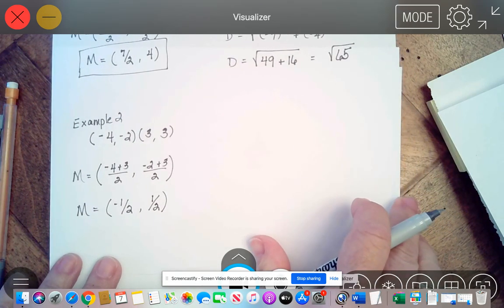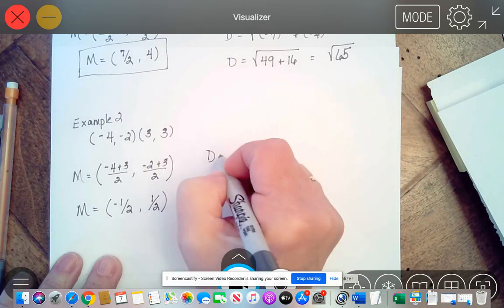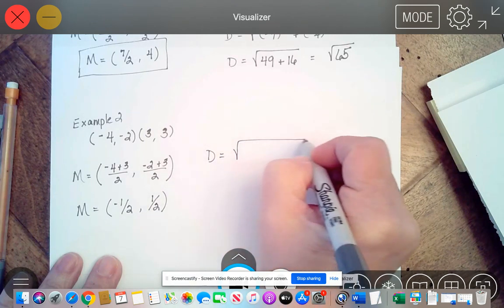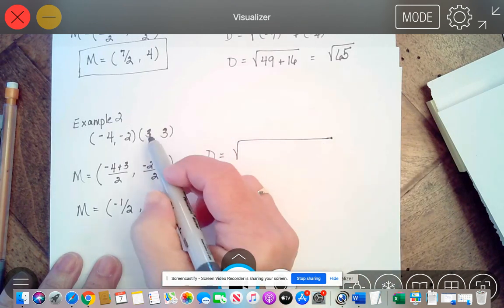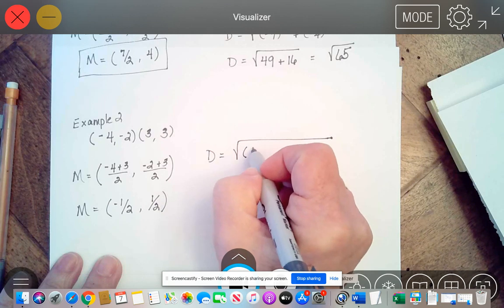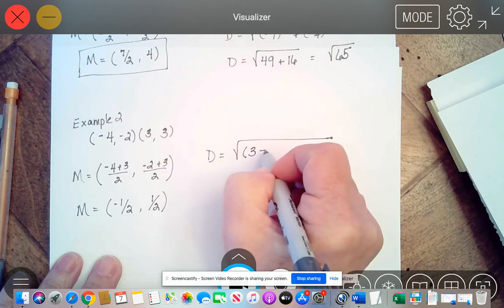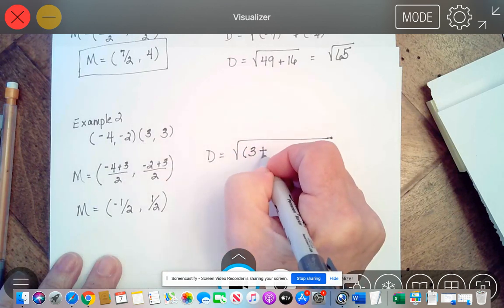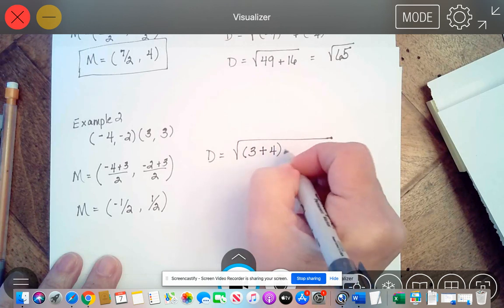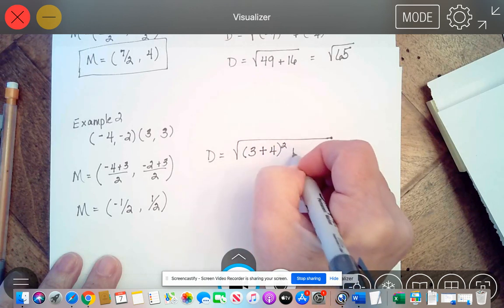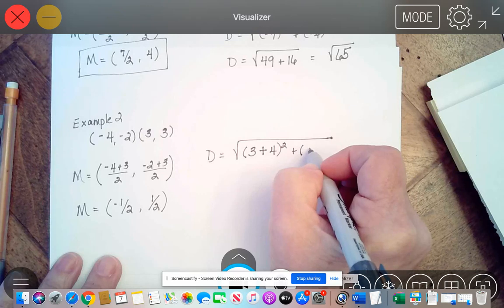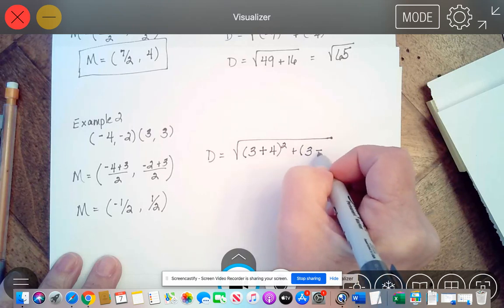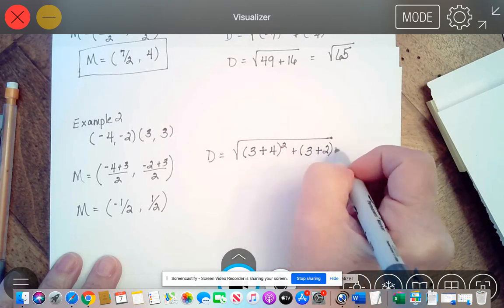Now let's look at our distance. The distance formula is the square root of the change in the x values, 3 minus a -4, which changes that to a positive, squared, plus the change in the y values, 3 minus a -2, squared.